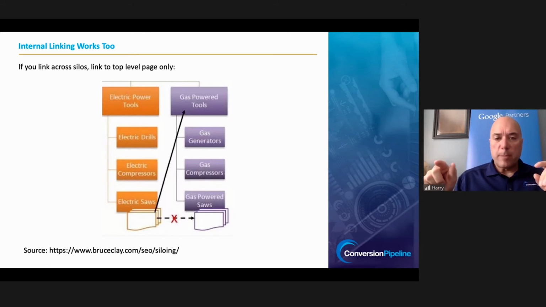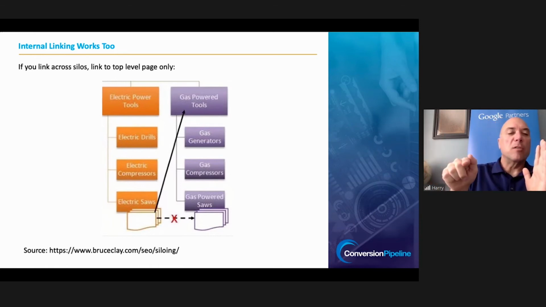You will share PageRank that way, but what you're doing is you're diluting your thematic silo, and you're diluting the PageRank that's available within that silo. Remember, as soon as a page links out, it gives PageRank based on the number of other pages that it points to.